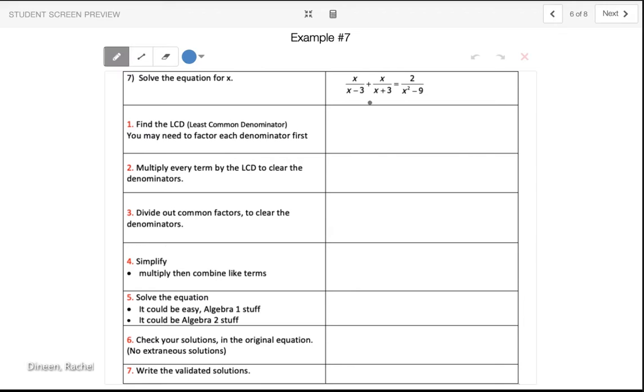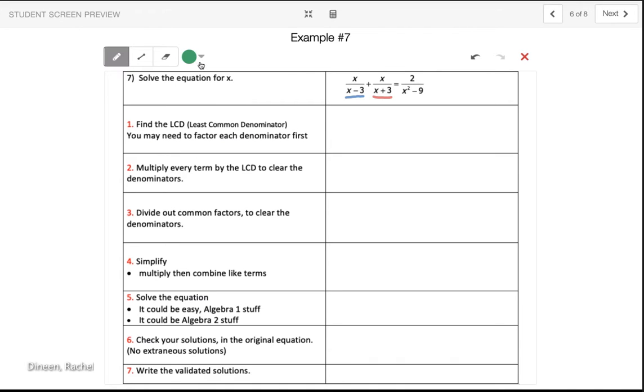All right. So let's go ahead and find the LCD. I cannot factor x minus 3. I cannot factor x plus 3, but I can factor x squared minus 9. X squared minus 9 is a difference of squares.